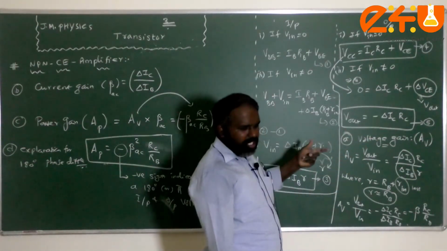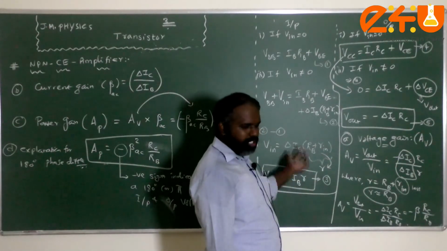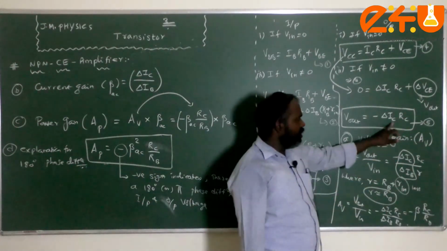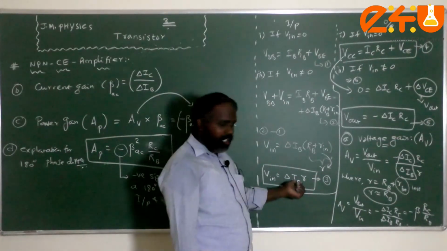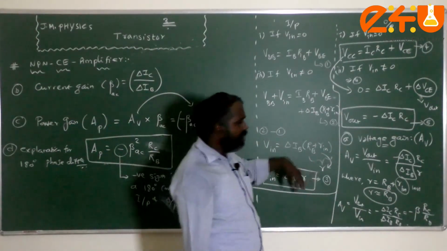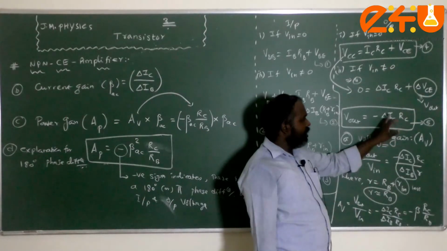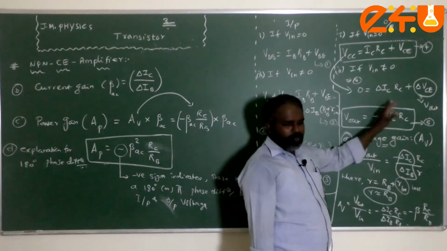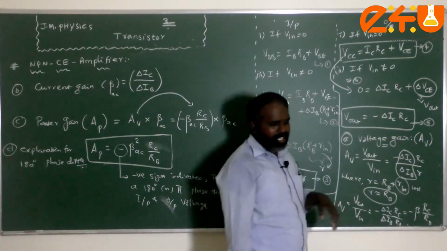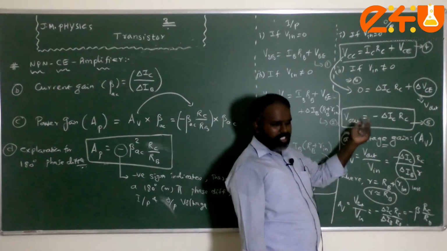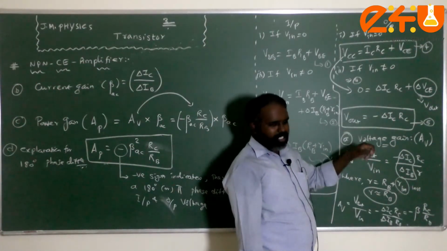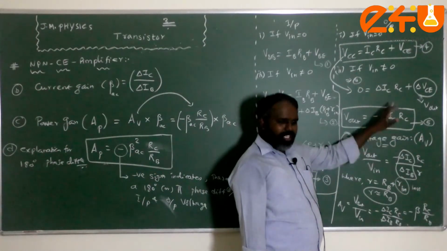As we studied earlier, when input voltage increases, input current also increases. When input current increases, there will be an increase in output current. We know the transfer characteristics of the transistor. So when input voltage increases, input current IB increases, therefore IC also increases.